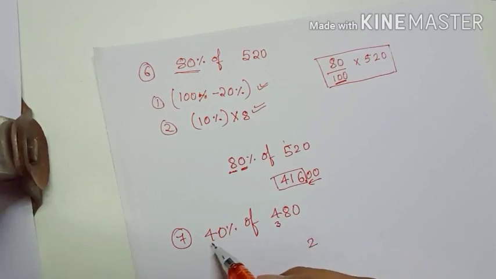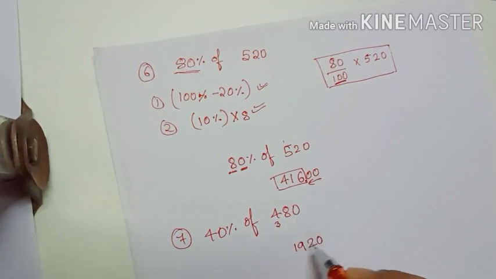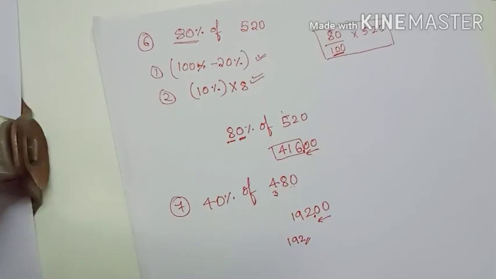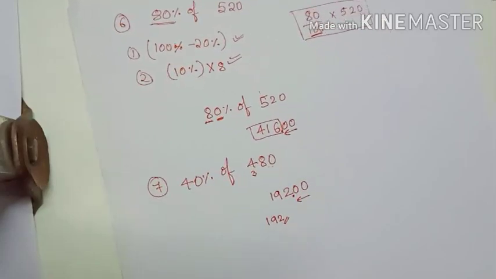So 4 times 16, 17, 18, 19. So 19, so here we have 0, I have to put 0, and here also we have put 0, and I have to put the point after 2 decimal places from the last. So 40% of 480 will be 192. This is very simple. Getting this? Direct multiplication also can be done.